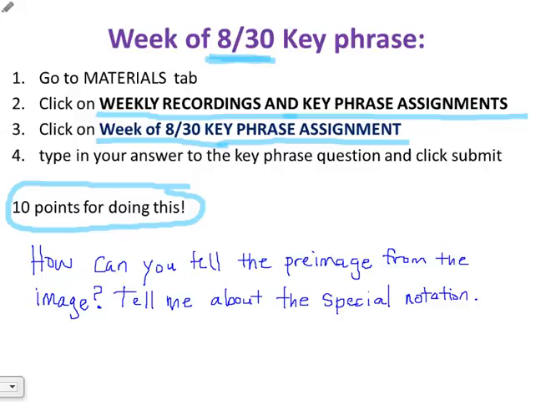There's a special notation that I've talked about twice now in the recordings, and it is in your lessons as well. We talked about it today in the recording. So what is that special notation that lets you differentiate the pre-image from the image? That's all you need to tell me, and make sure you click submit, and then you're done.